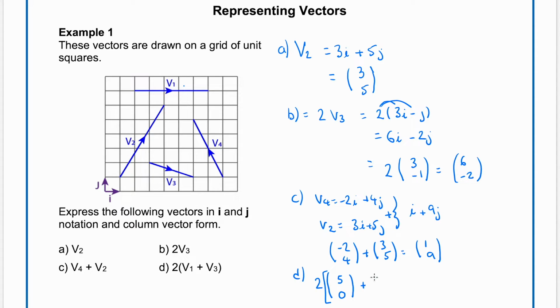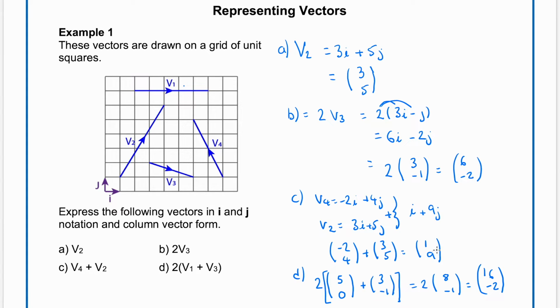So 3i and minus 1j. So now we can work out the brackets. So we have two lots of 5 add 3, which is 8, and 0 add negative 1, so minus 1. And this will give us 16 and minus 2.